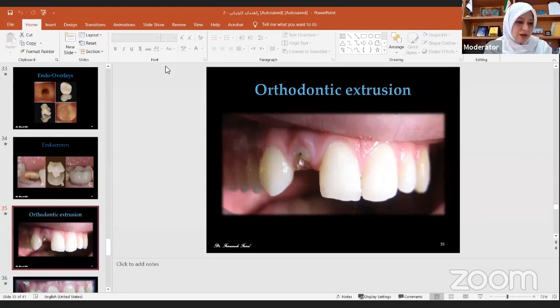Actually we have two different ways to expose more of the tooth structure. One is periodontal surgery, like crown lengthening, and the other is orthodontic extrusion. Orthodontic extrusion is mostly used with anterior teeth and sometimes with premolars, but for molars it is not possible to use orthodontic extrusion. If you have another question, I can answer it.